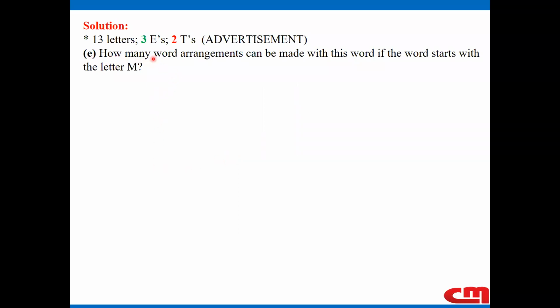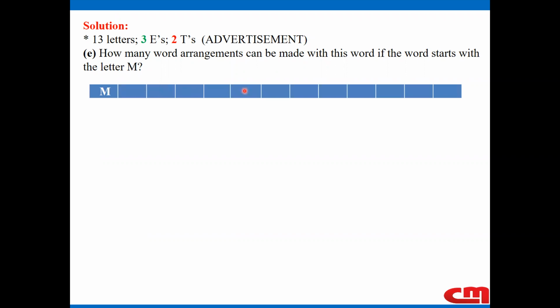E, how many word arrangements can be made with this word if the word starts with the letter M? I think this is a very simple situation, and all we need to do is to come up with the 13 positions, and we are saying the word should start with an M. We have placed our M there, that is the M in the first position.